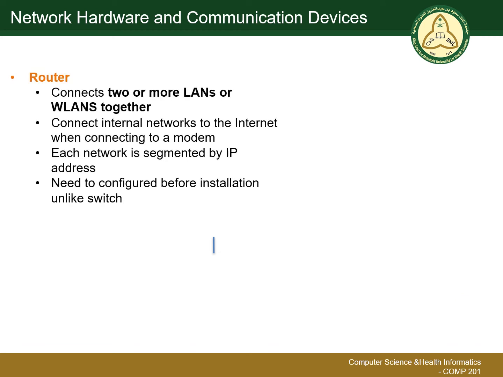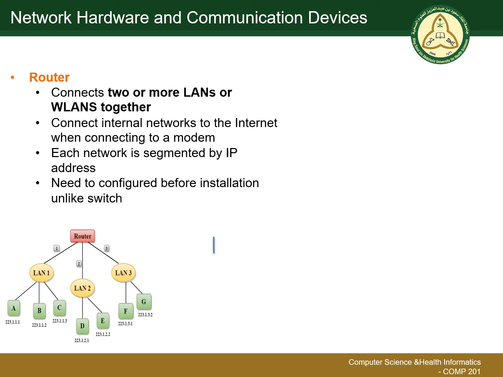Number 4 is the router. The router connects 2 or more local area networks, or WANs, wide area networks, or wireless local area networks. It connects internal networks to the internet when connecting to a modem. Each network is segmented by IP address.